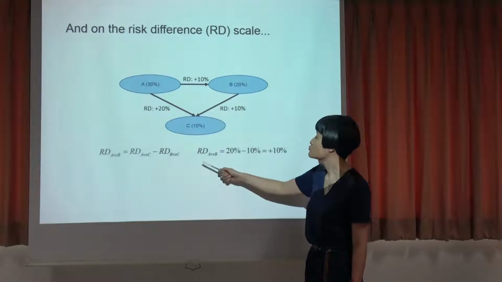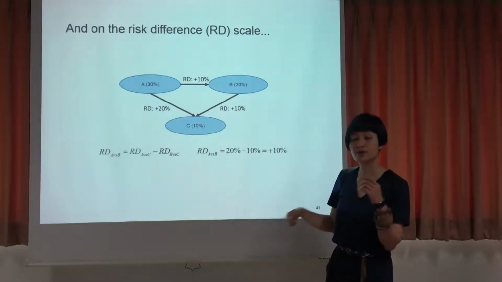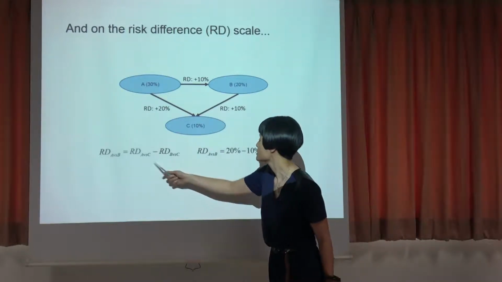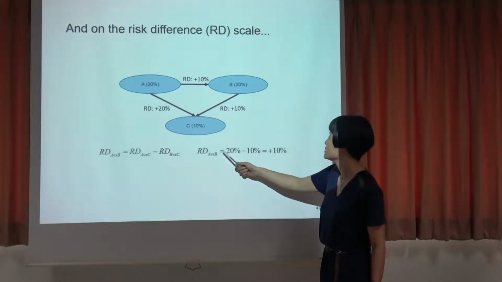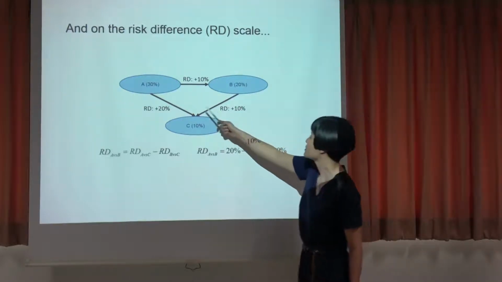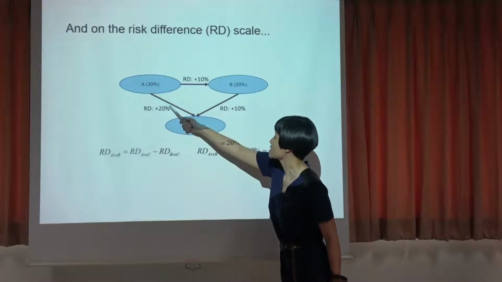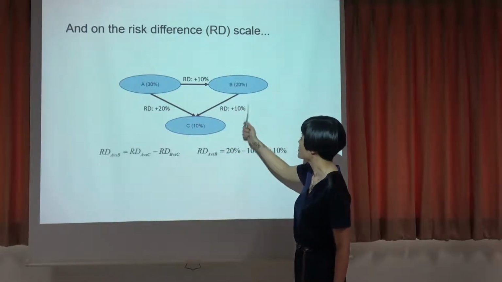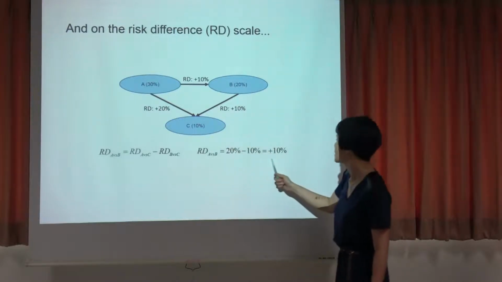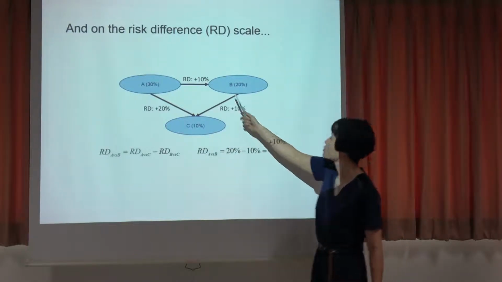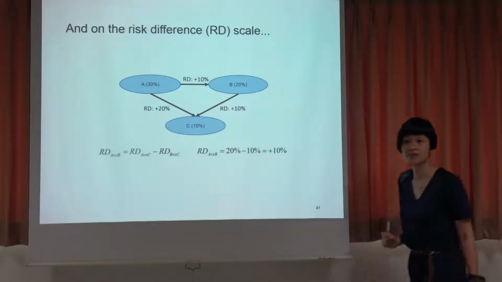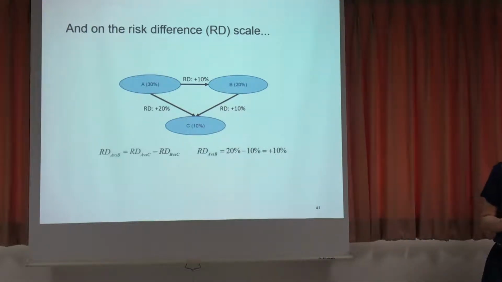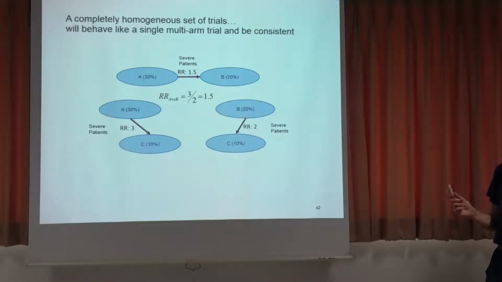And so on the risk difference scale, instead of calculating a ratio, you're subtracting. So A versus B becomes 20% here, A versus C, relative minus the relationship here. So it gives you a gain of 10%, which is the same here. So the 3 scales, you can actually calculate this on any scale.